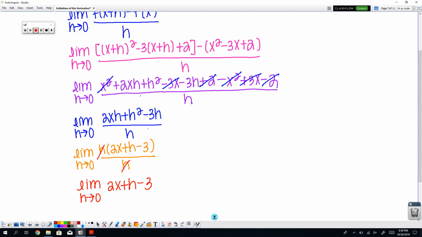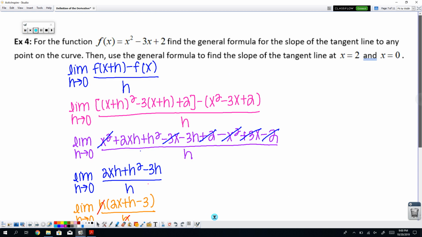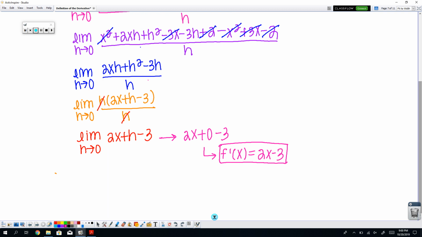Now we get to just go straight ahead and plug it in. So that's 2x plus 0 minus 3, which gets us f prime of x equals 2x minus 3. Great. Now all we need to do is just plug in where they said at x equals 2 and x equals 0.